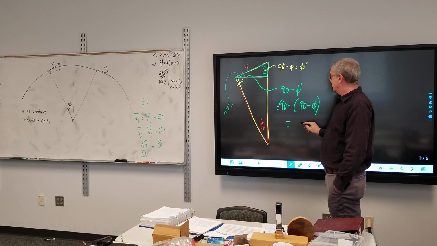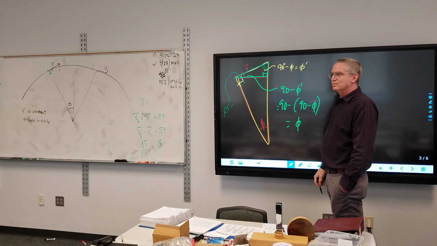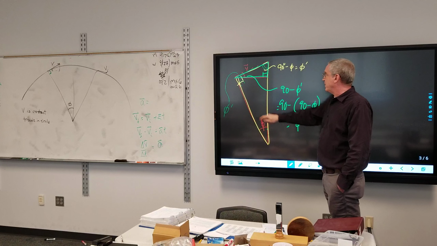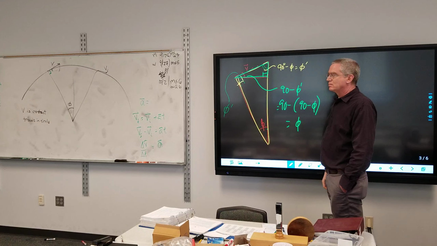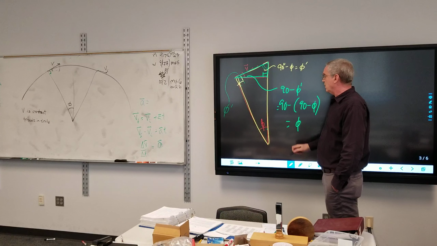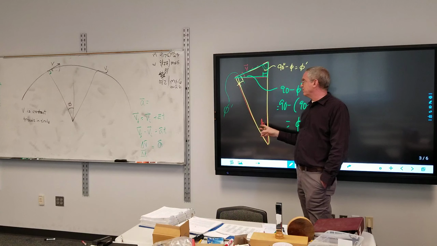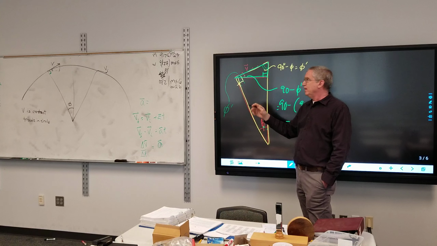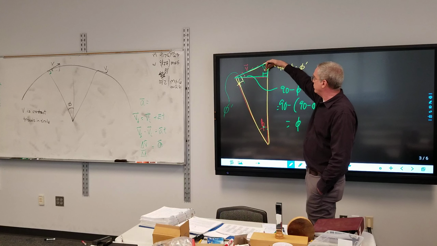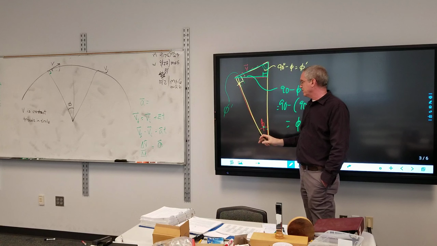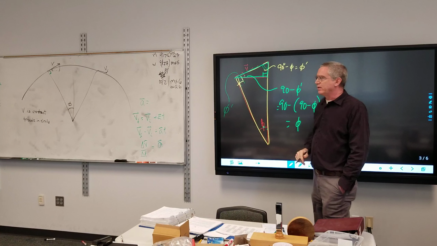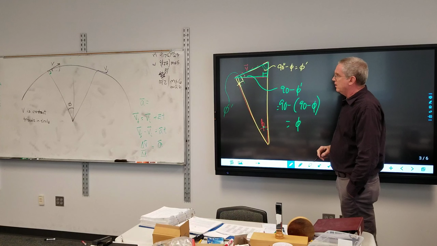It's phi. Yeah, this angle and that angle are the same. If you draw it with more skill, you can see that this is the skinny angle, that's a skinny angle, and as we get closer and closer to the vertical, this becomes skinnier and skinnier, as does that. So they do go hand in hand.